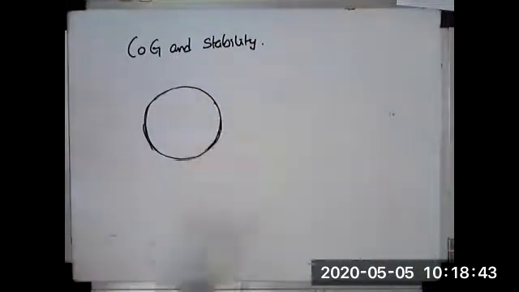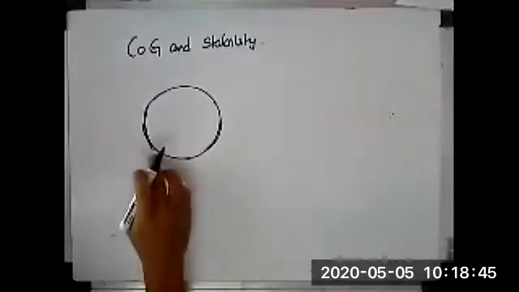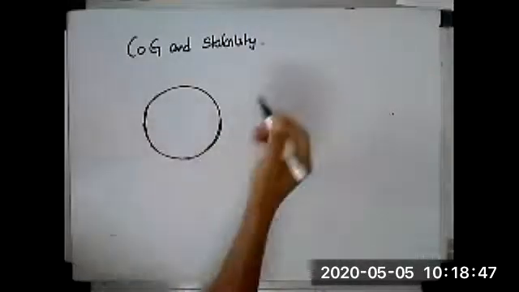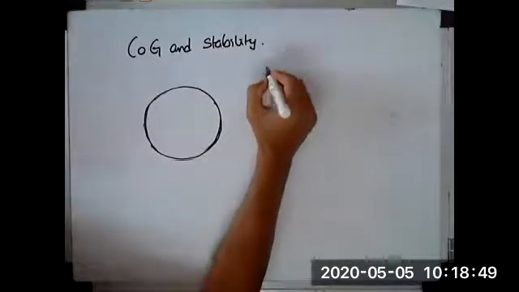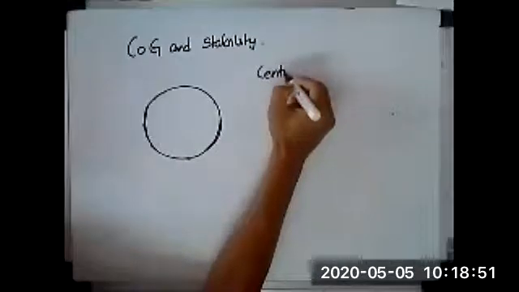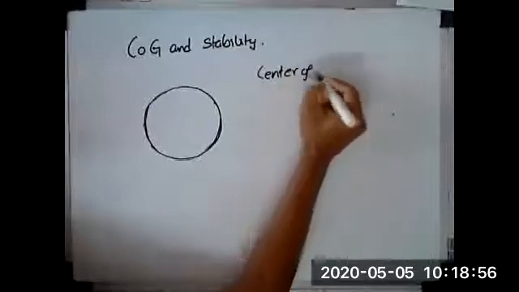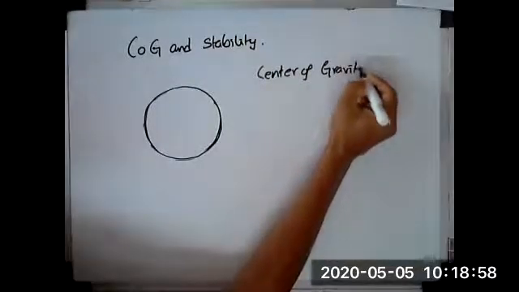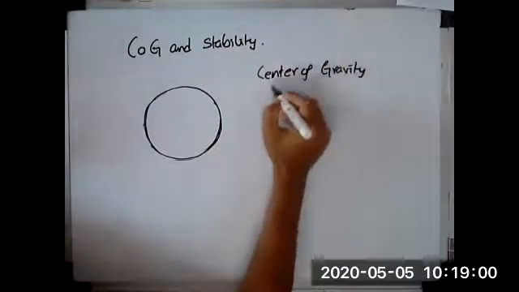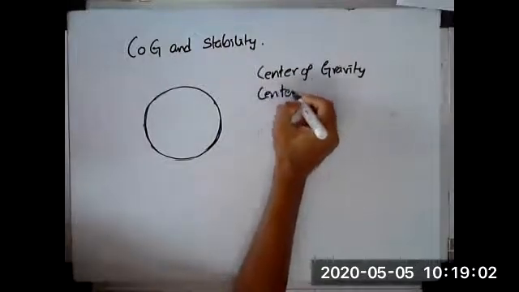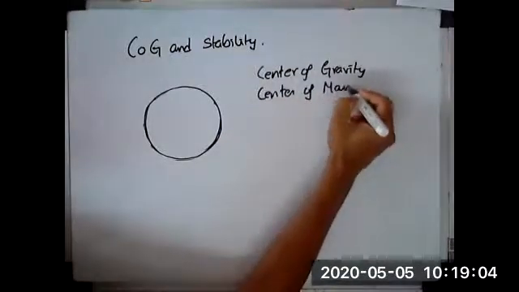Okay. I was afraid somebody was going to ask that question. There are two terms technically. One is the center of gravity, which is what we are studying now. And then there is another term, center of mass.